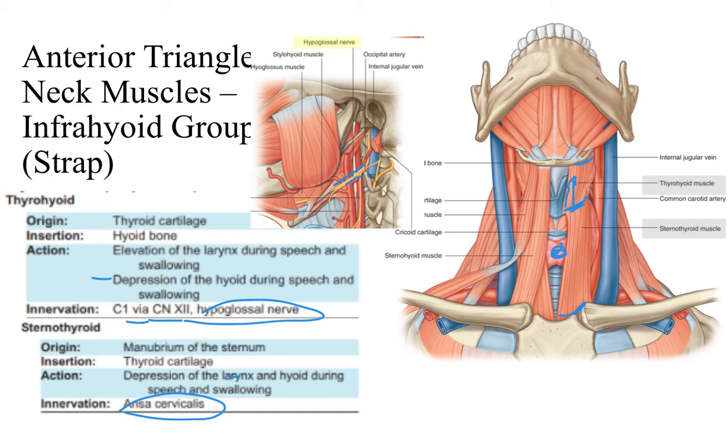That is going to be C1, and you see that it's going down here to the thyroid cartilage, and it's going to go to the thyrohyoid muscle. And so by this comment, C1 from the anterior ramus is traveling with the hypoglossal nerve, but it is not actually part of it.